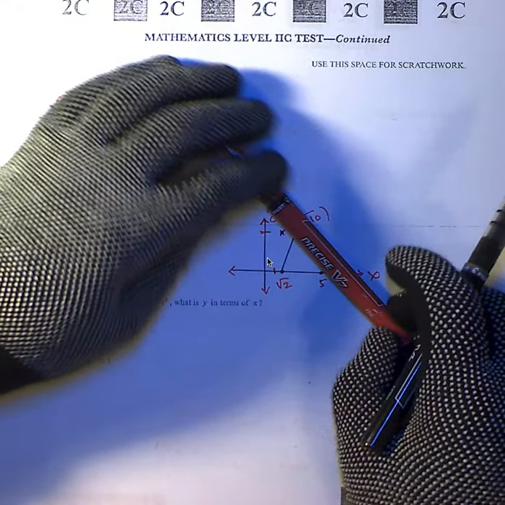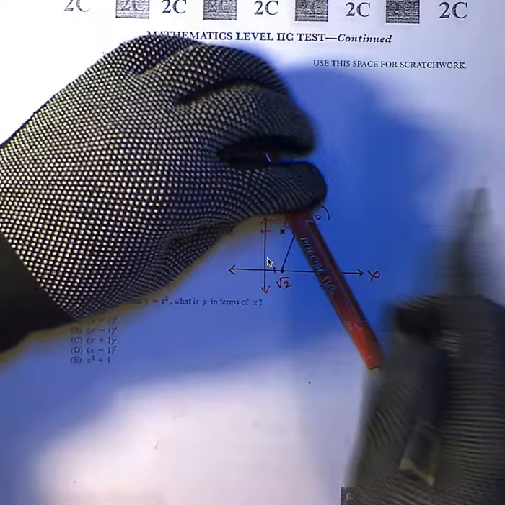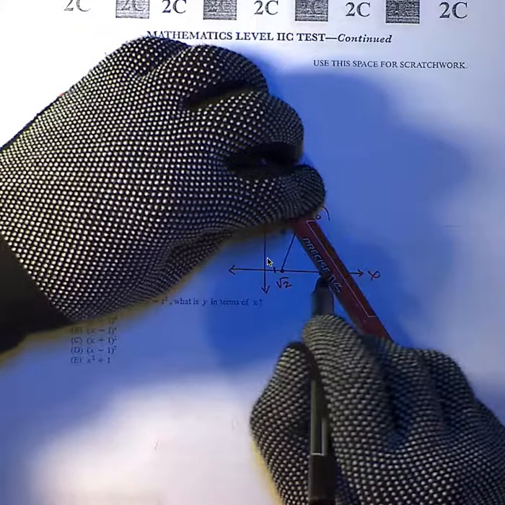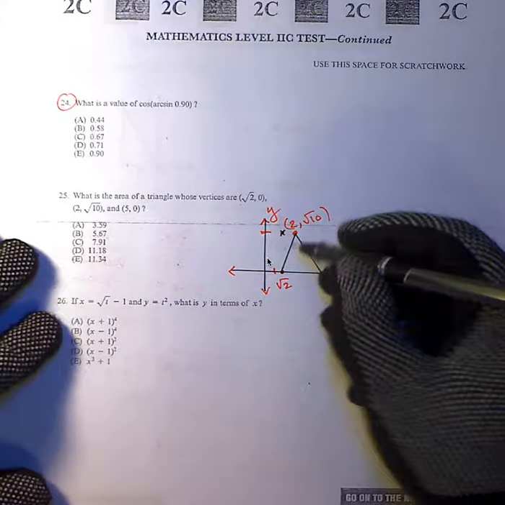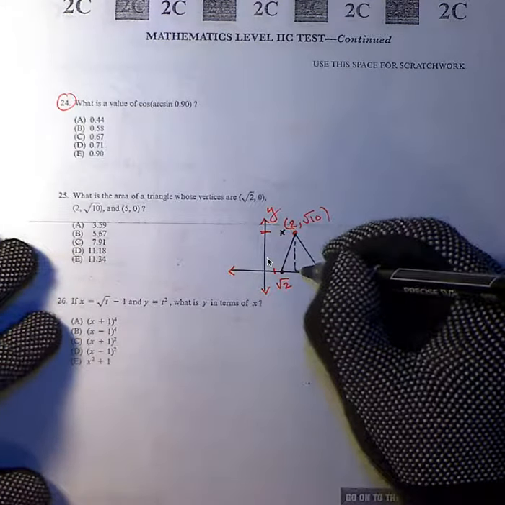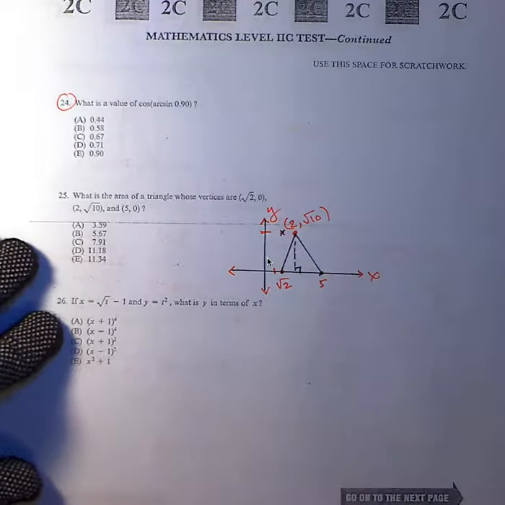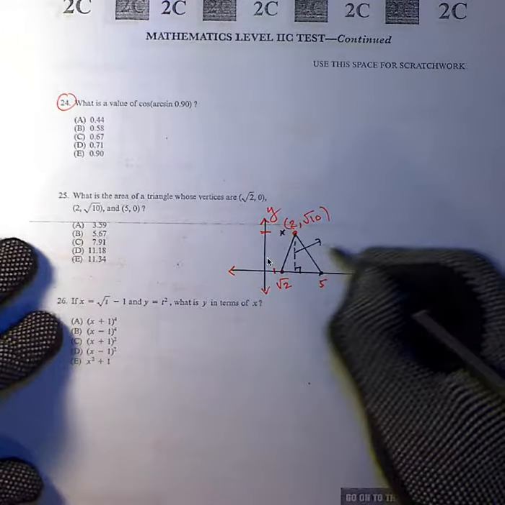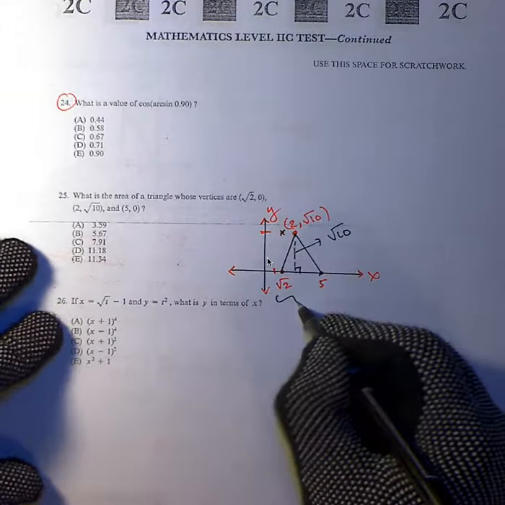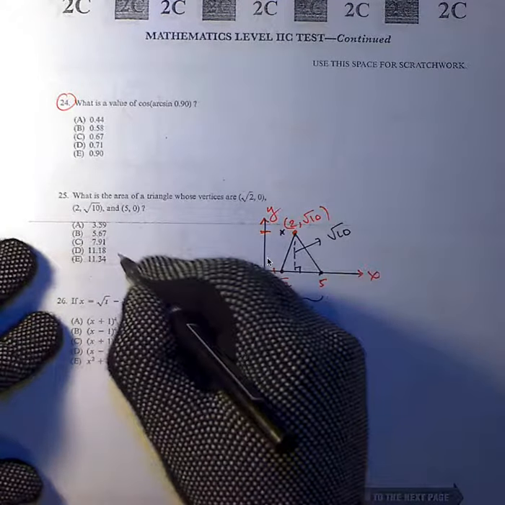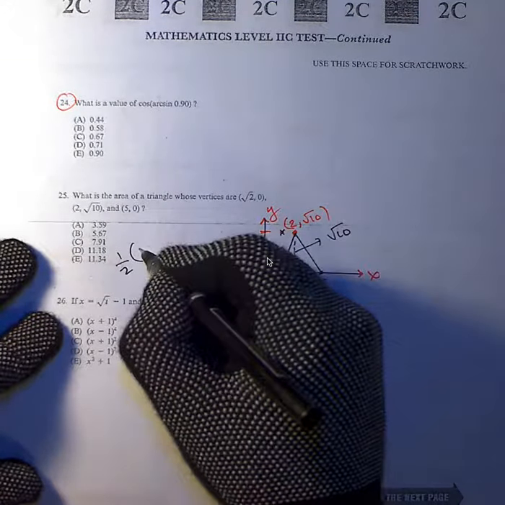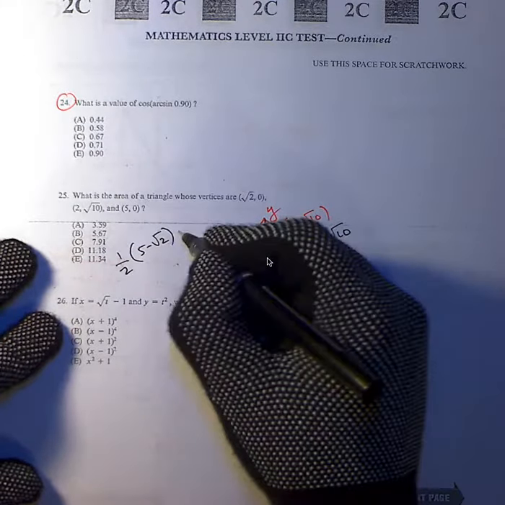So we hope to find a height for our triangle. Our base is pretty easy to see as 5 minus root 2, right? But our height is going to be drawn perpendicular to the x-axis, like that, and our height clearly is root 10. Our base here is 5 minus root 2, so the area has got to be 1/2 times base, so 5 minus root 2 times root 10.